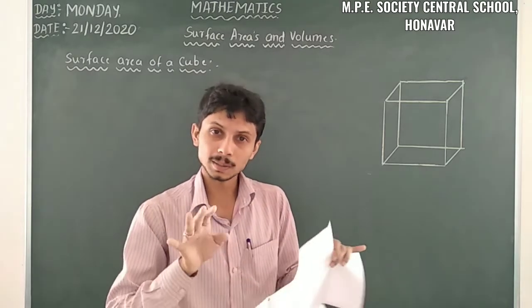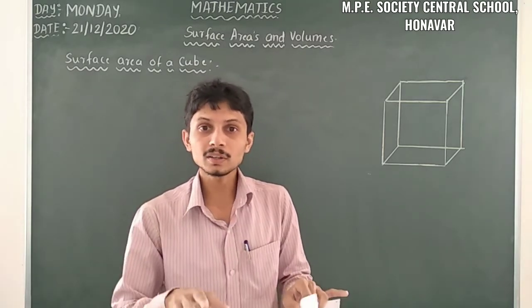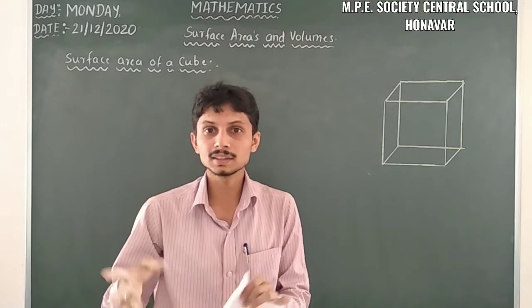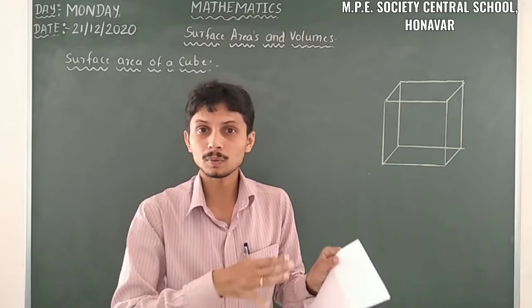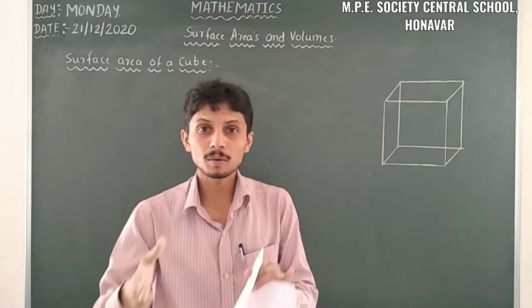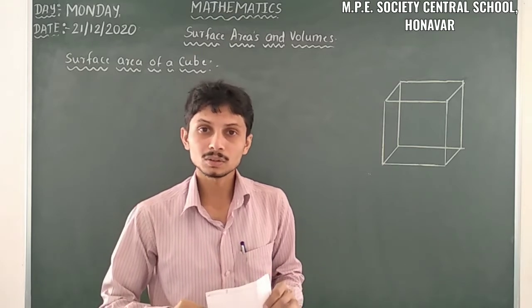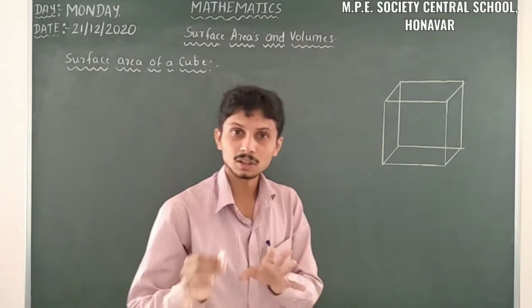So using the surface area of the cuboid, where we have L into B into H, if we take them all equal to A, then we can easily convert that formula into the surface area of a cube. So let us take the surface area of a cuboid.